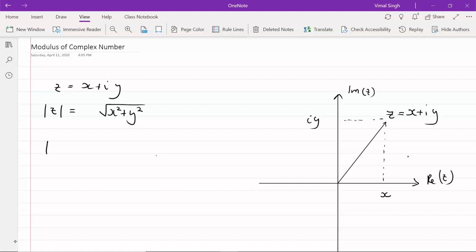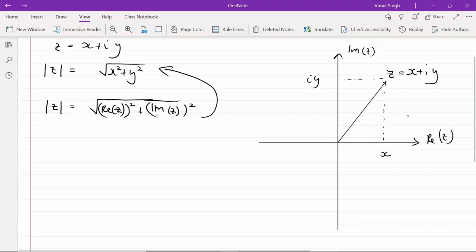In other words, the modulus of z can be written as the real part of z, whole thing squared, plus the imaginary part of z, whole thing squared. So just remember real z squared plus imaginary z squared, because the complex number is always given to you as z is equal to x plus iy.